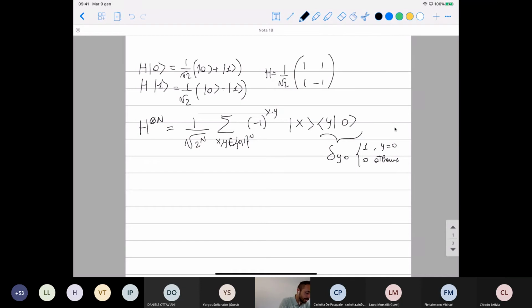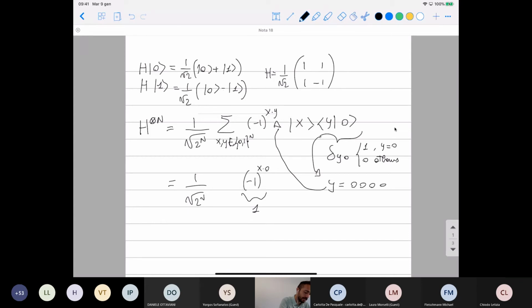What happens? It happens that y becomes the 0, 0, 0, 0 string. After this part, what does it mean? It means that if I substitute this here, you get -1 to the x times the 0 state, which is 1.